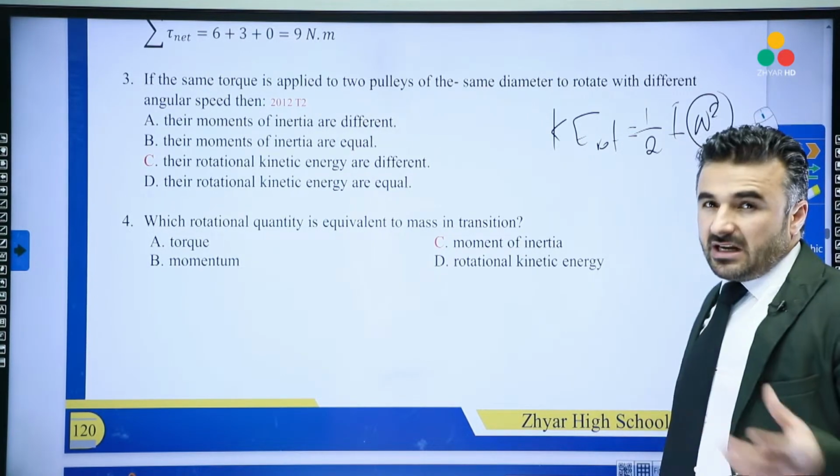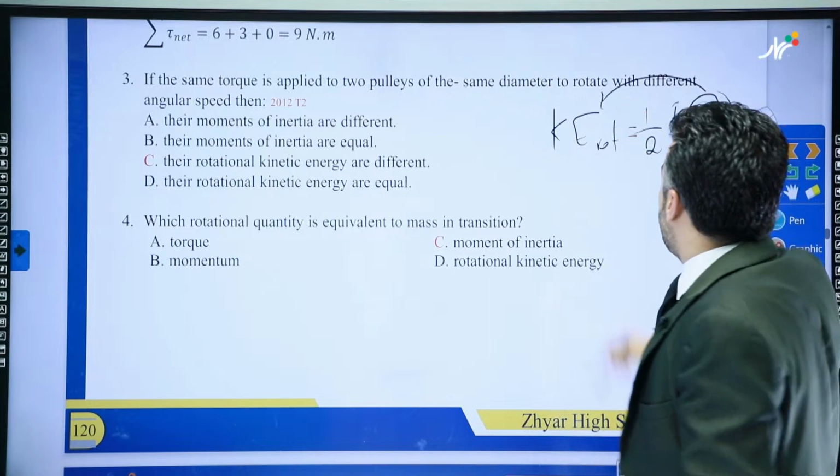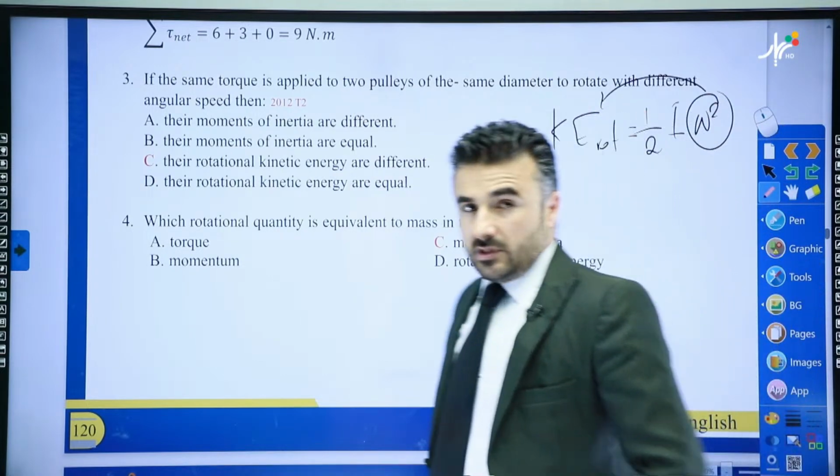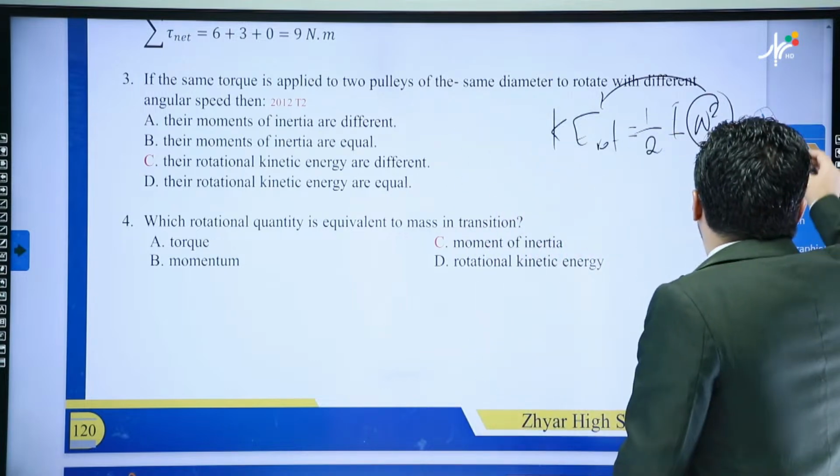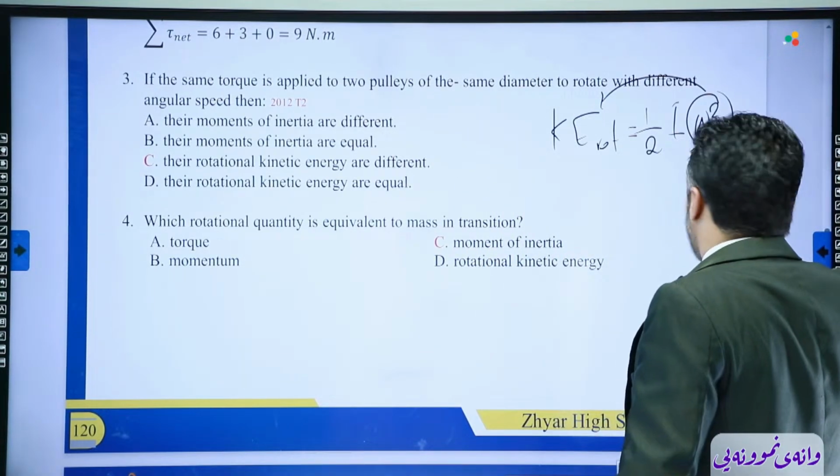So having a different angular speed would lead to a difference in rotational kinetic energy. Are their rotational kinetic energies equal? Of course not, because there's a difference in speed.